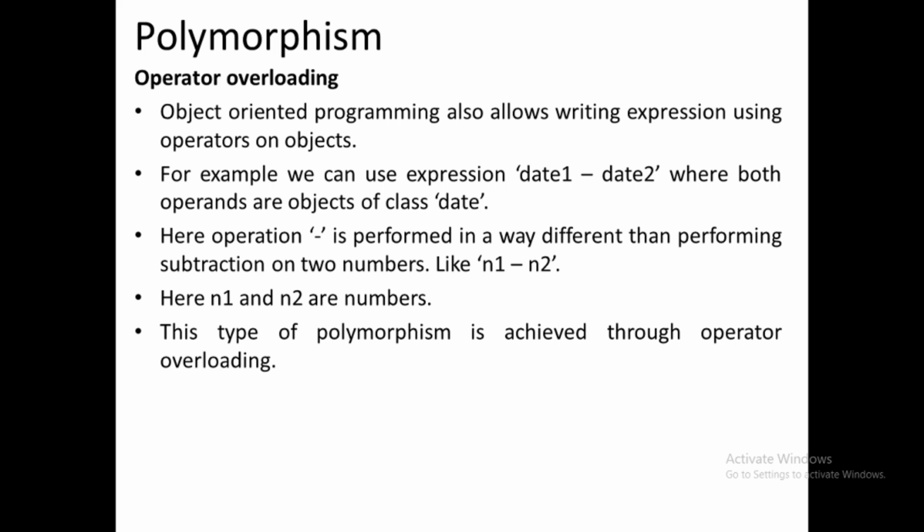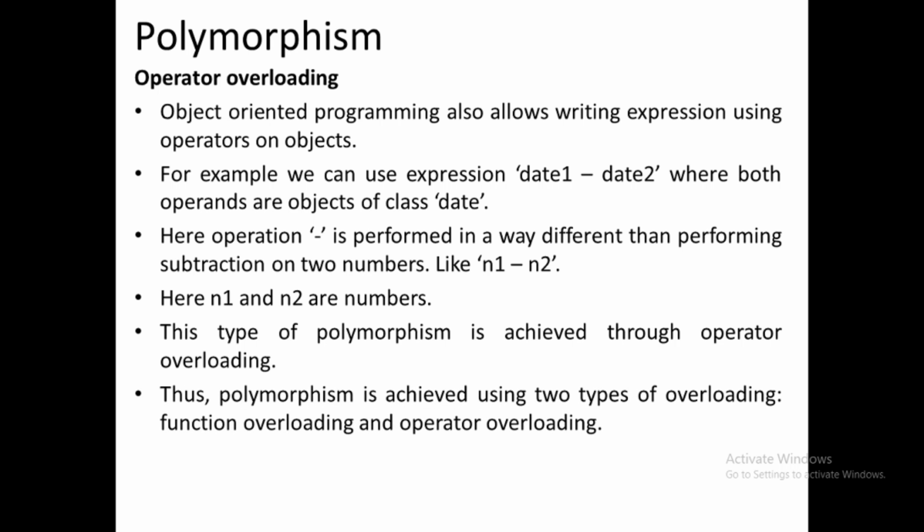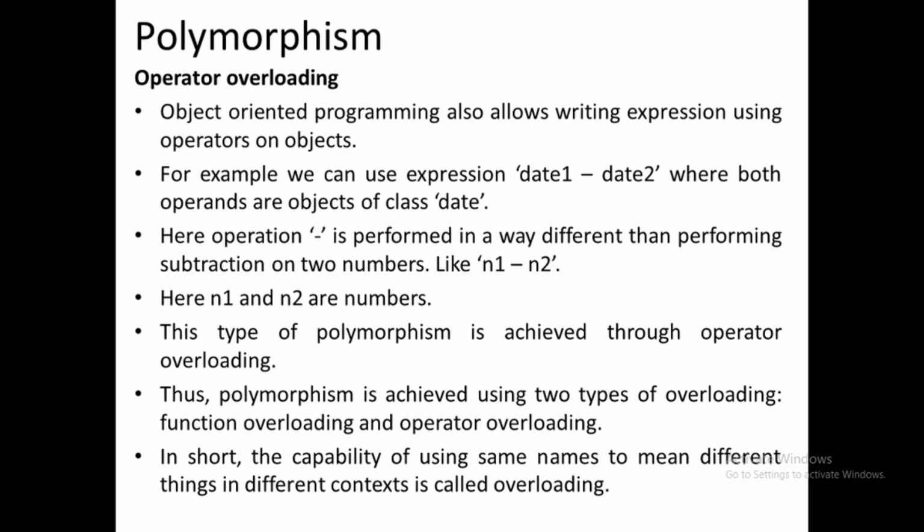This type of polymorphism is achieved through operator overloading. Thus, polymorphism is achieved using two types of overloading: function overloading and operator overloading. In short, the capability of using the same names to mean different things in different contexts is called overloading.